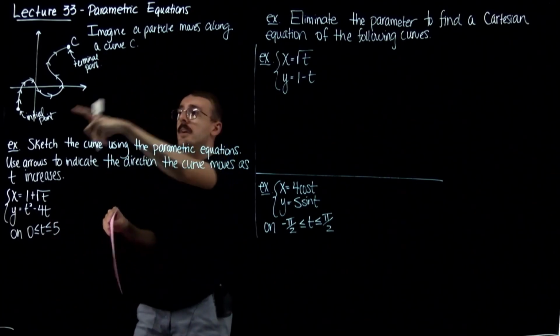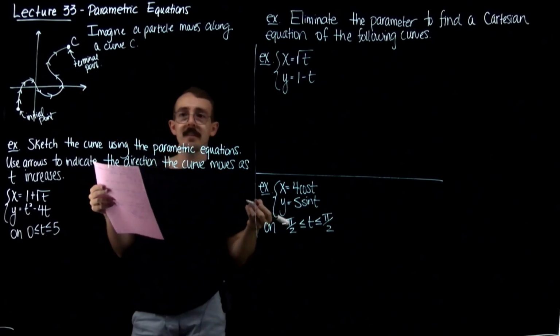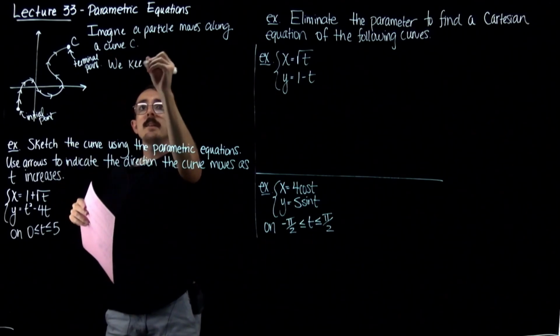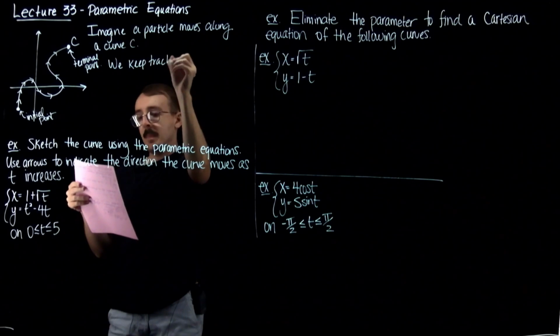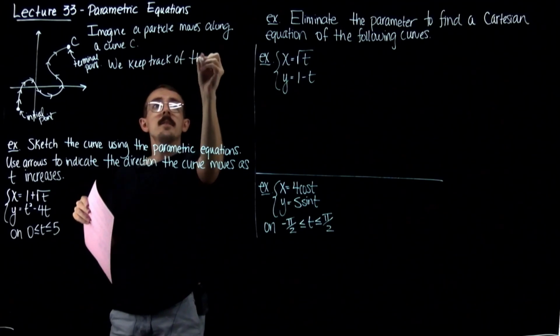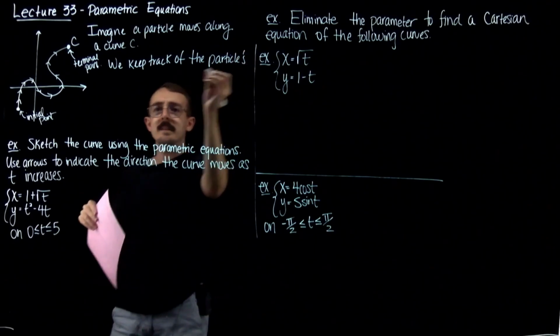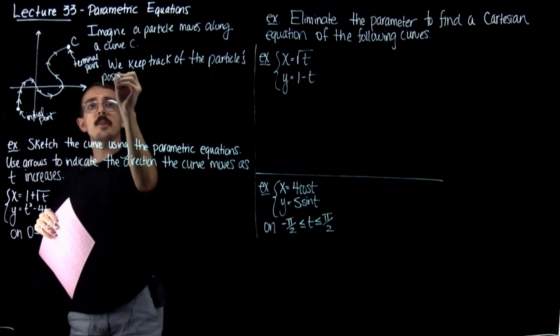So suppose you have a particle, and it's moving along this path. What we do is we keep track of the particle's position on this curve somewhere.